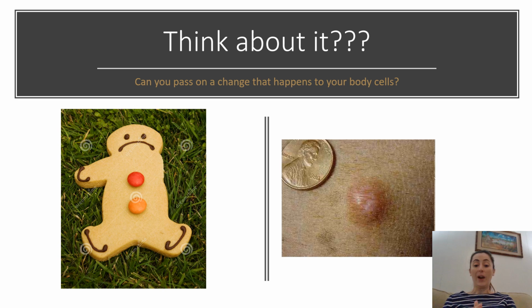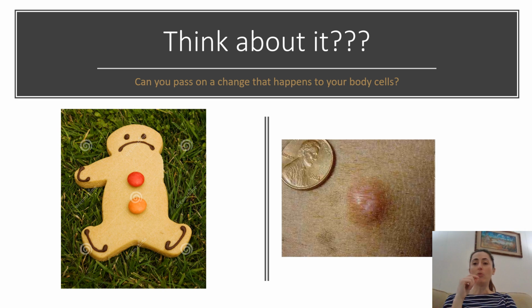So the picture on your right shows someone with skin cancer. Skin cancer is a mutation, and it's a mutation of a body cell, which is your skin. Can you pass that skin cancer onto your offspring? What do you think? Do you think you can pass on that mutation, that change, to your children?